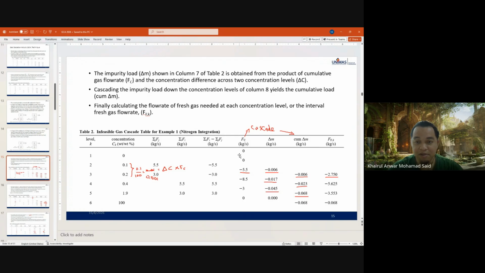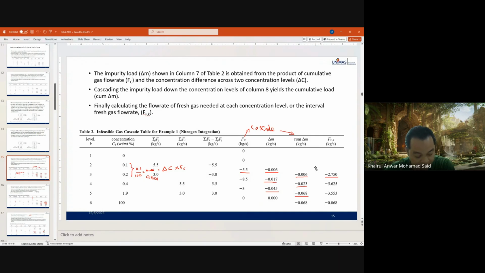So when you do the cascading, there is no number here. When you do the cascading, then the numbers appear based on the cascading, and each level has its own number after you do the cascading. So initially there is no number for that quality delta M and the frequency.